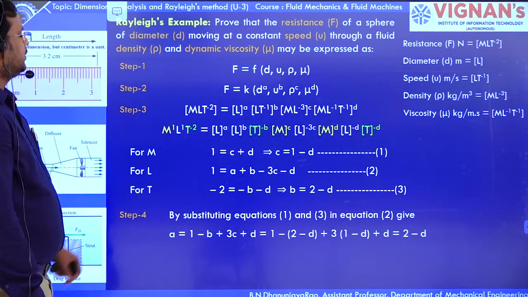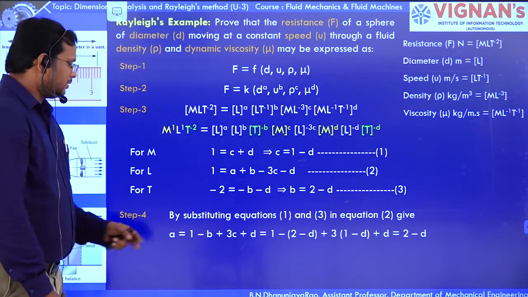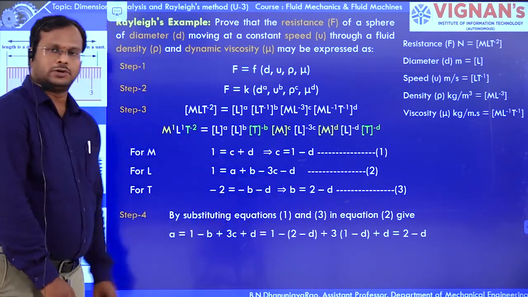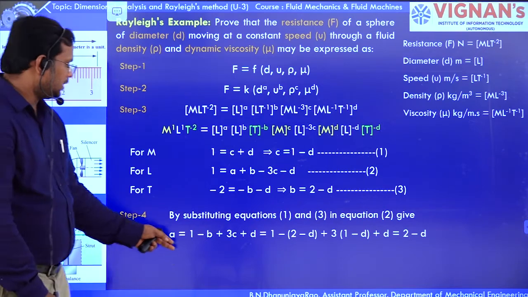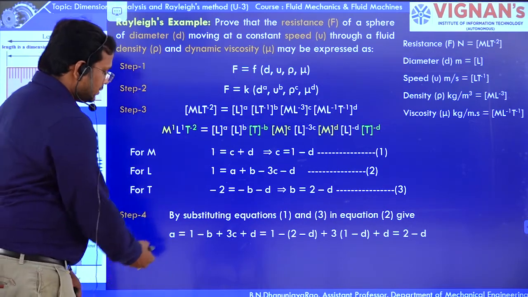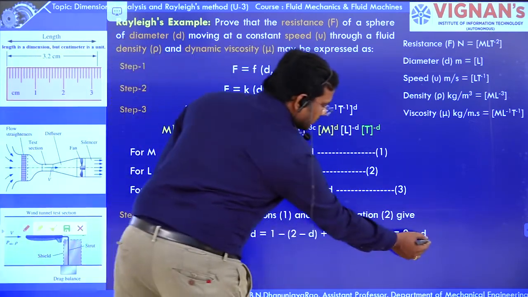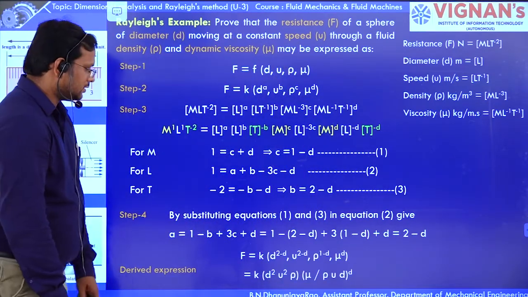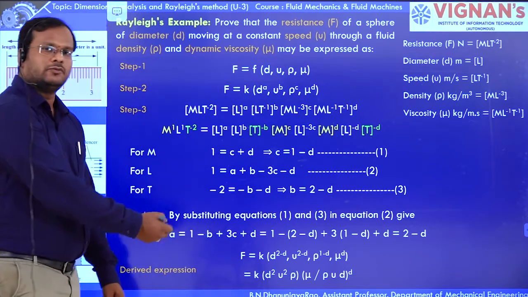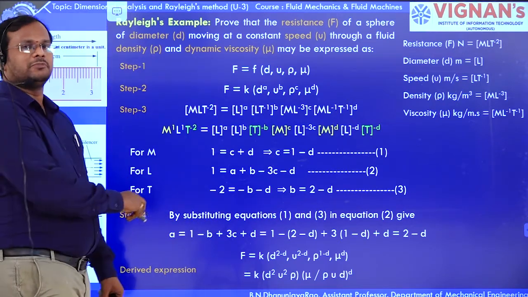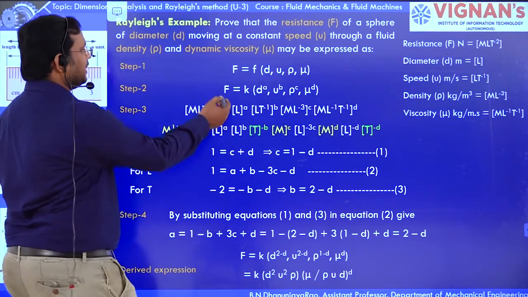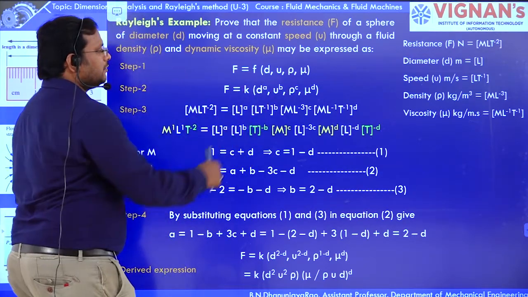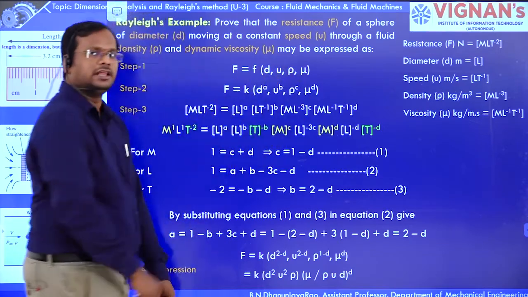Here, fourth step, by substituting equations 1 and 3 in equation 2, we get A is equal to 2 minus D. After that we need to substitute all the arbitrary power values in the main equation: the A value here, B value here, C value here and D value here.